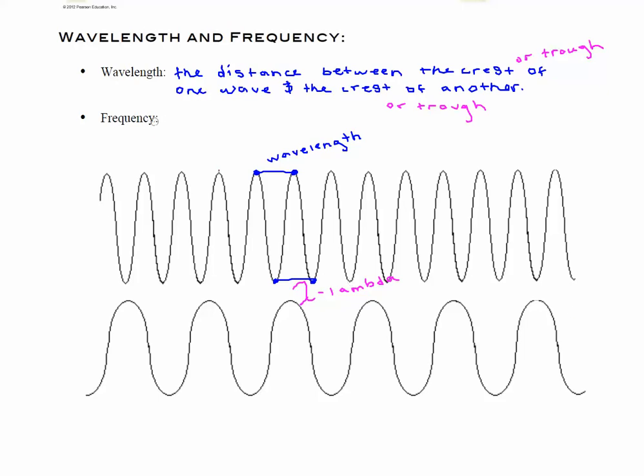term that I'm going to introduce is frequency. Now, when you think about the term frequency, you think about how frequently something is happening, how often. And so the frequency, the definition is it is the number of times the crest of a wave passes a point in 1 second.